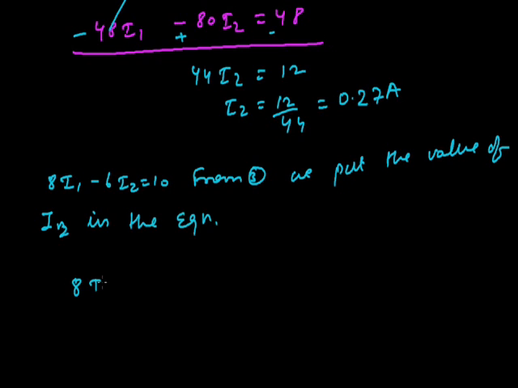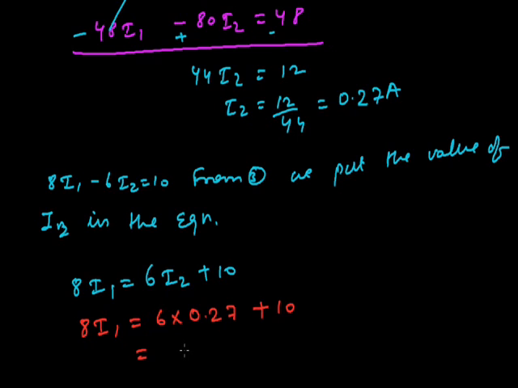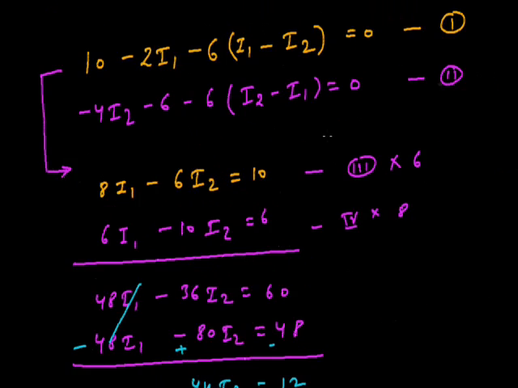So 8 I1 is equal to 6 I2 plus 10, and 8 I1 is equal to 6 into 0.27 plus 10, and it will become I1 is equal to 11.62 divided by 8, and it will be 1.45 ampere. This is the current which is flowing in the first loop.